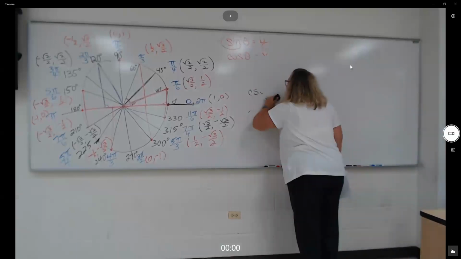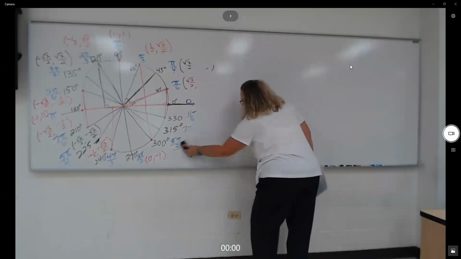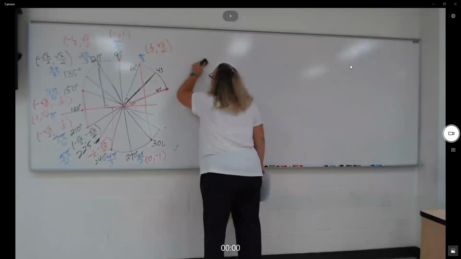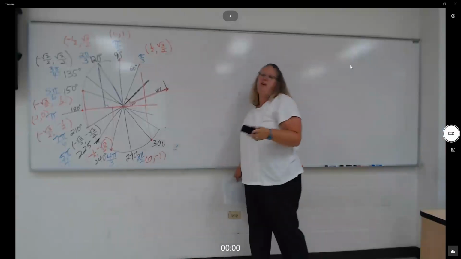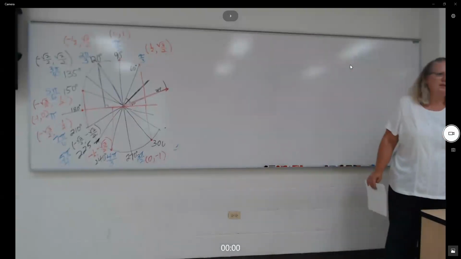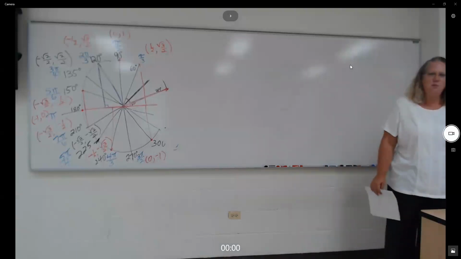Okay, here we go, guys. What do we still have? There's one more piece of trig that we're not really going to get to, but what is that piece? We heard of the sine wave and the cosine wave.